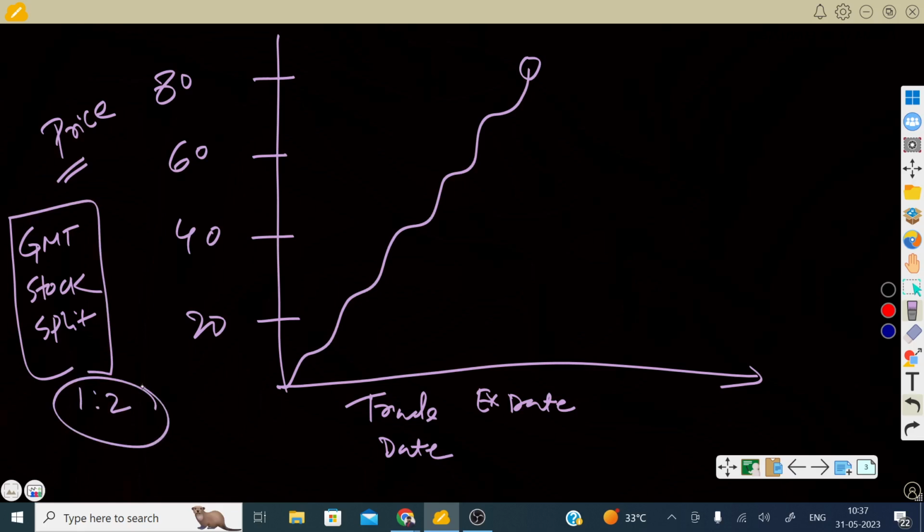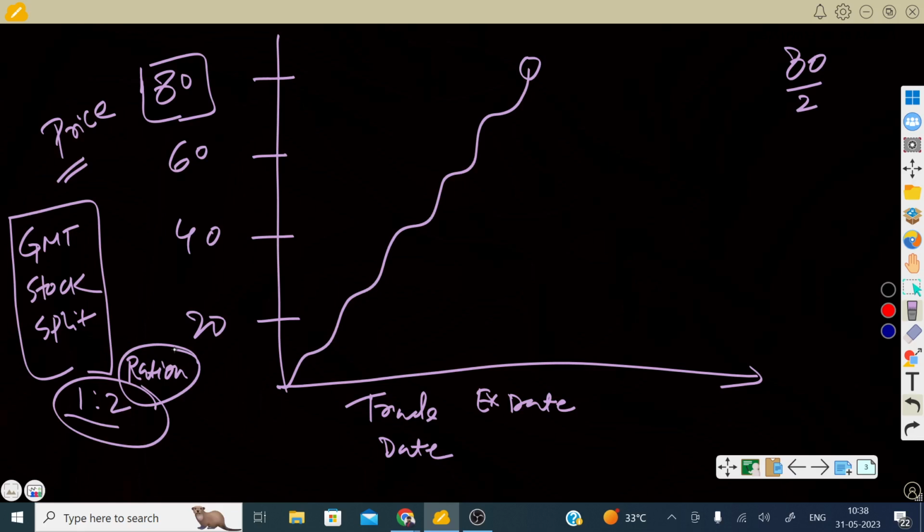So automatically, if the company announced a stock split, then your calculation would be 80 divided by 2, correct? Yes. So this ratio would be your adjustment factor. Understand this, right? Then automatically in the market chart also, you would see the same.